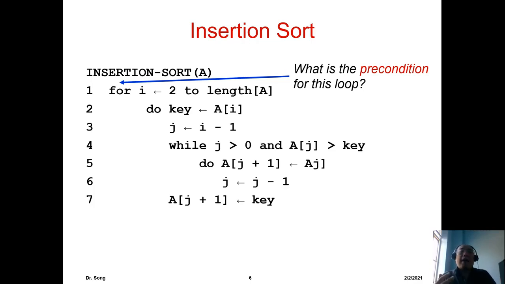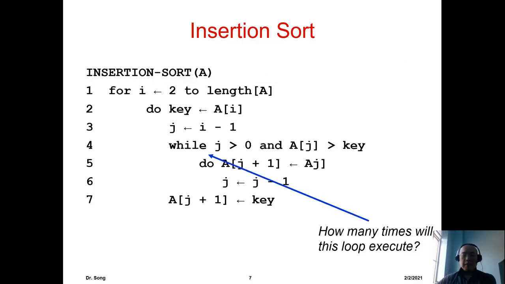And then, are we doing zero-based indexing or one-based indexing? We have done one-based indexing. Remember, this is not just for this insertion algorithm, this is for the whole textbook.